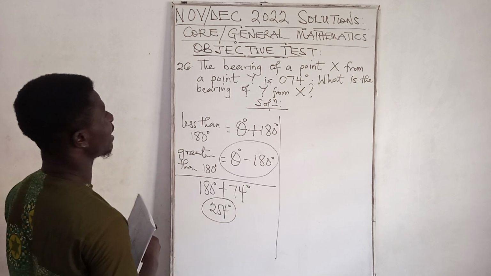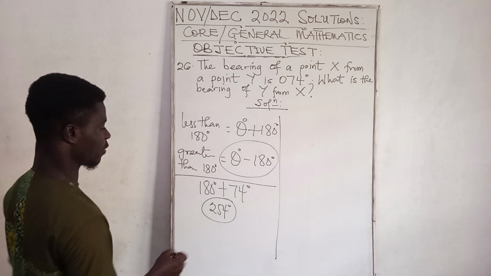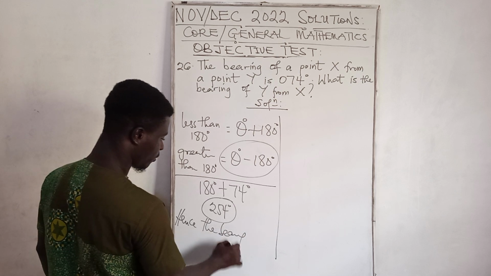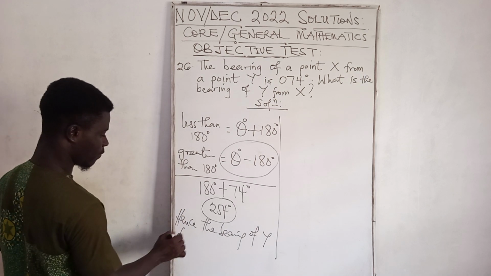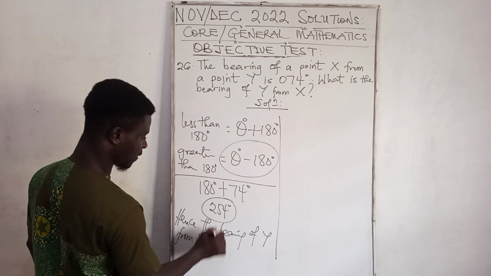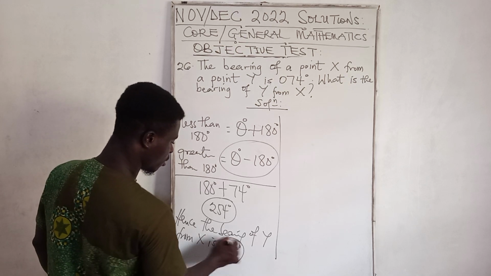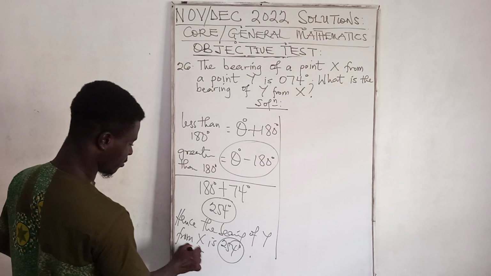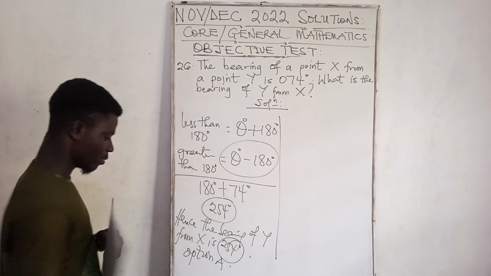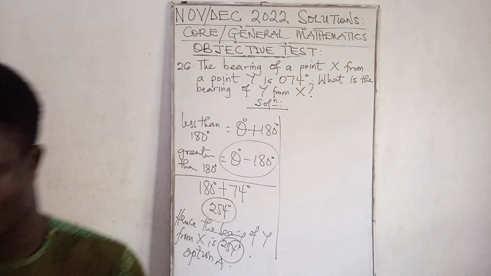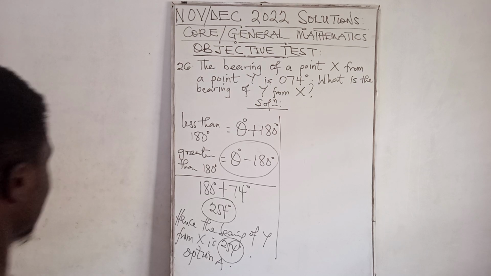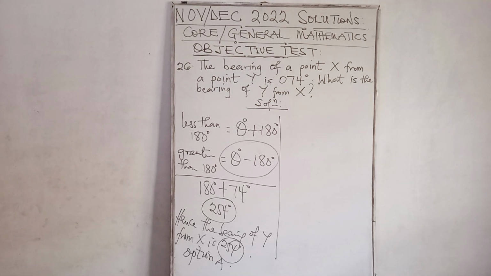They are asking for the bearing of Y from X. Hence the bearing of Y from X is 254 degrees, which is option A. Option A for apple.